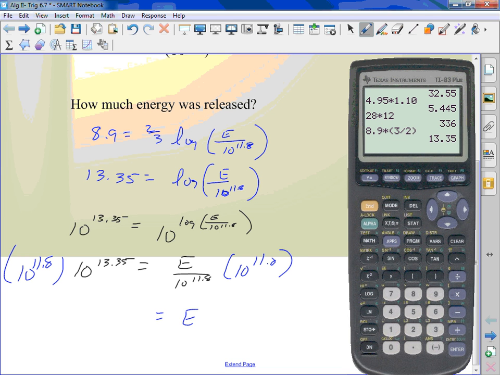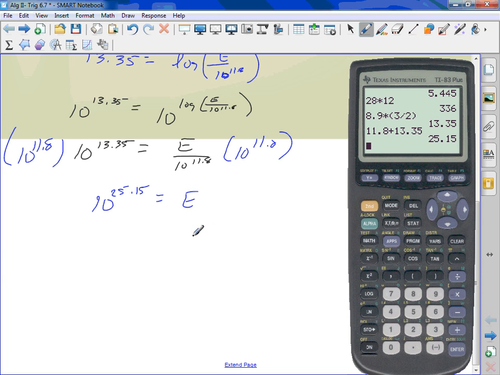I add exponents. So I'm going to take 11.8 plus 13.35. So I have 10 to the 25.15 is how much energy was released. If I want to find out how much energy exactly, 10 to the 25.15.